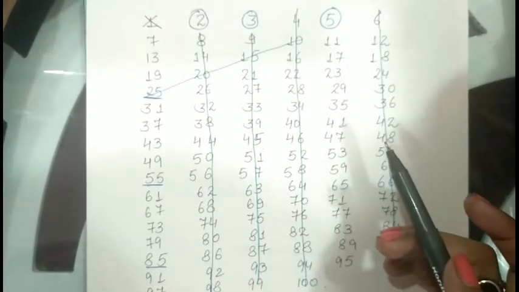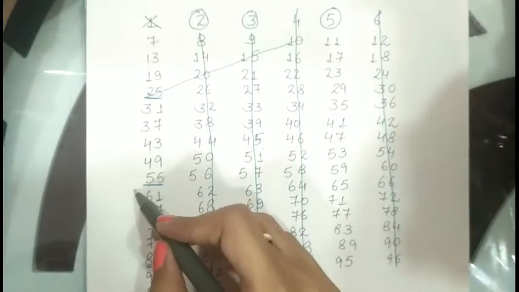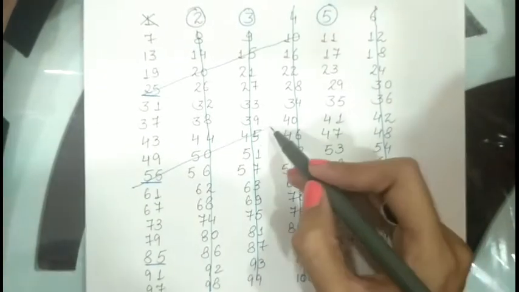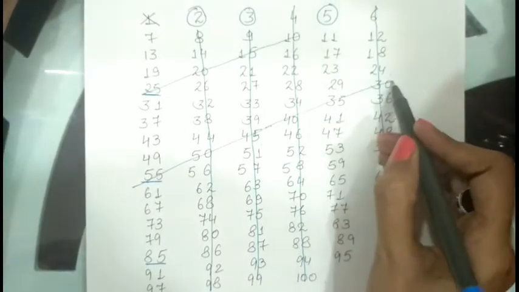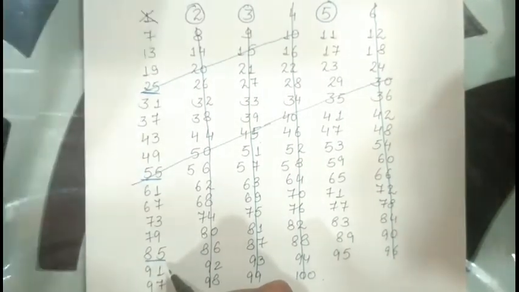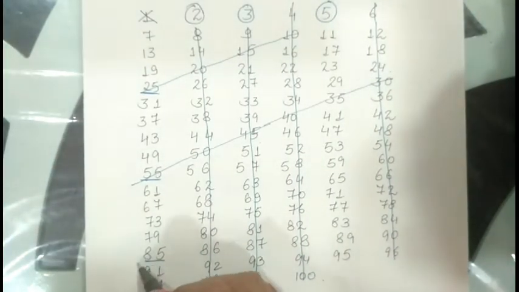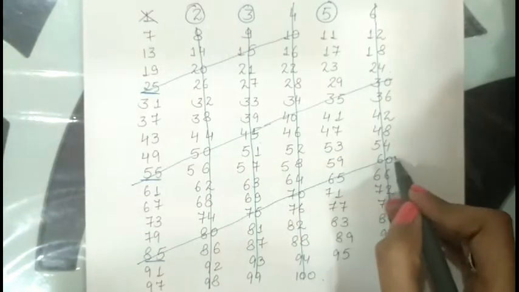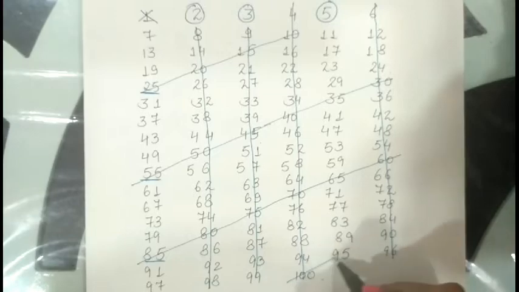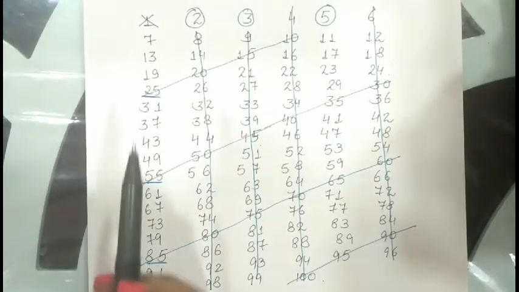All of these are divisible by 5. So these are my composite numbers. Cut them diagonally. Next diagonal cutting will be of 85, 80, 75 and 60. Next observe 100, 95.